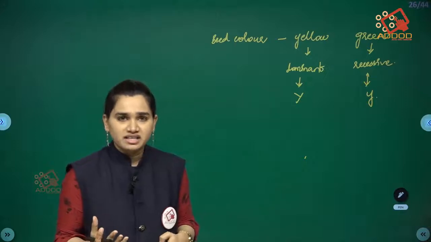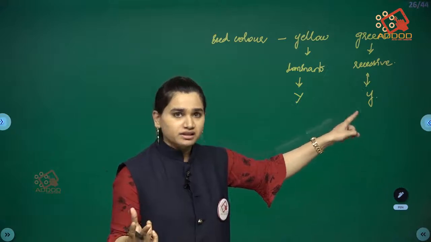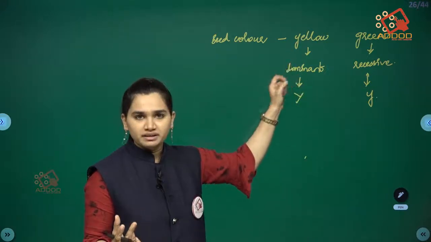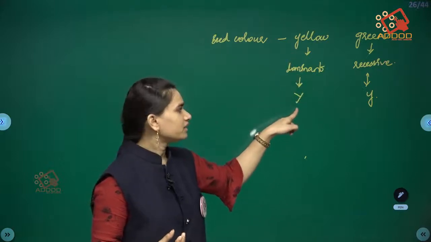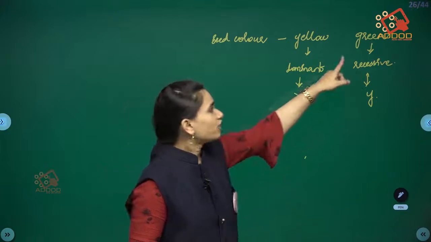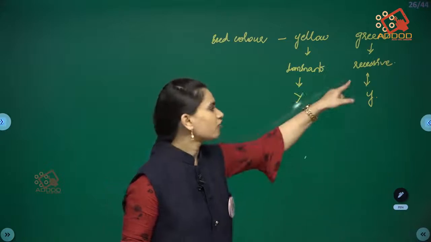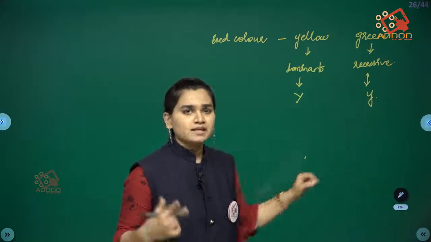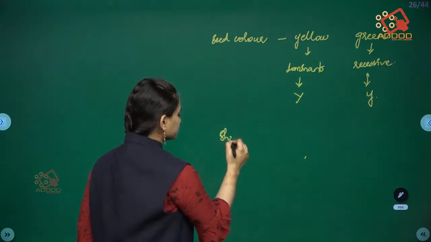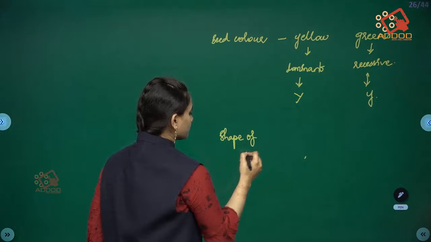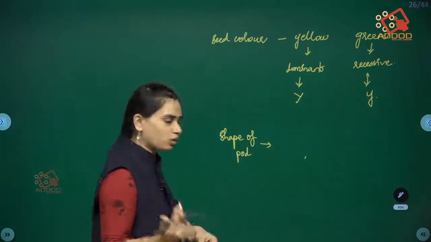So, by this you can understand that the recessive trait has to be written with the letter that you have used for the dominant trait. The dominant trait over here is yellow, so I am writing dominant as capital Y. Then, for recessive, even if it is green color, instead of writing it small g, I have to write it small y. Similarly, if it is the shape of the pod, we have seen that it is either inflated or constricted.